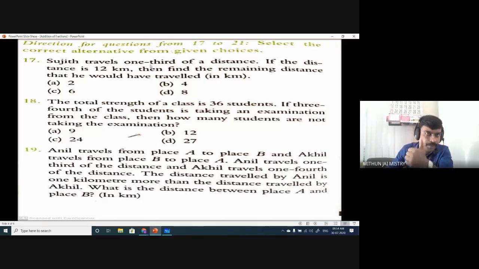If 1/3 is traveled, then the remaining distance is 2/3 of the total 12 kilometers. Of means multiplication. So we are going to multiply 2/3 into 12. That is what we are going to do.